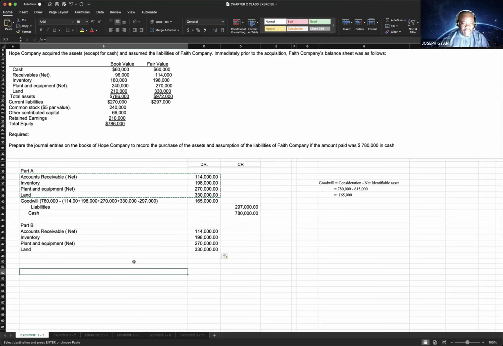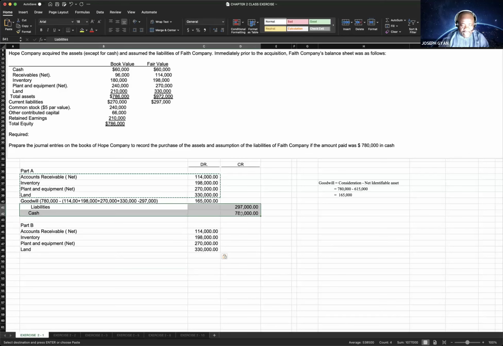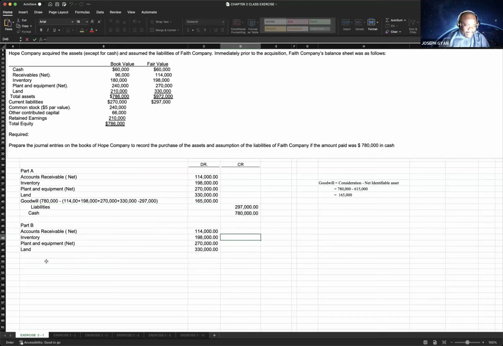We have the identifiable assets here, then we have the liabilities. This one, we are going to change the cash. I don't know what the goodwill is, so let's leave one line. And then consideration, we are giving cash.